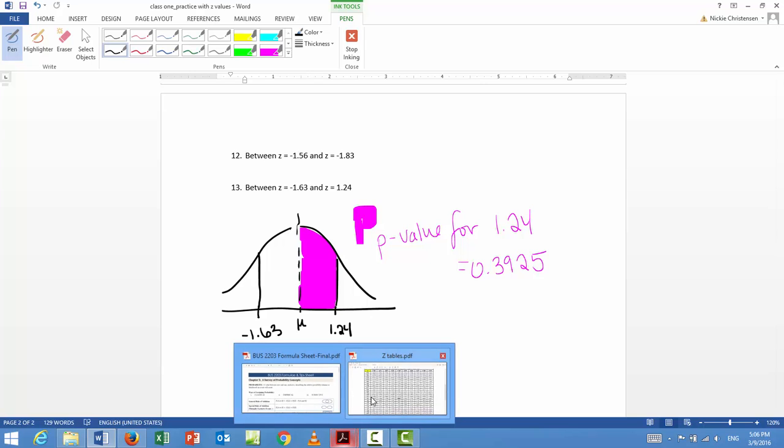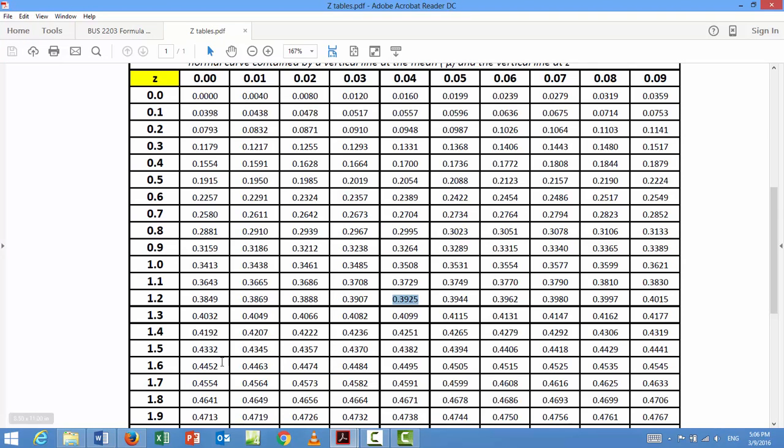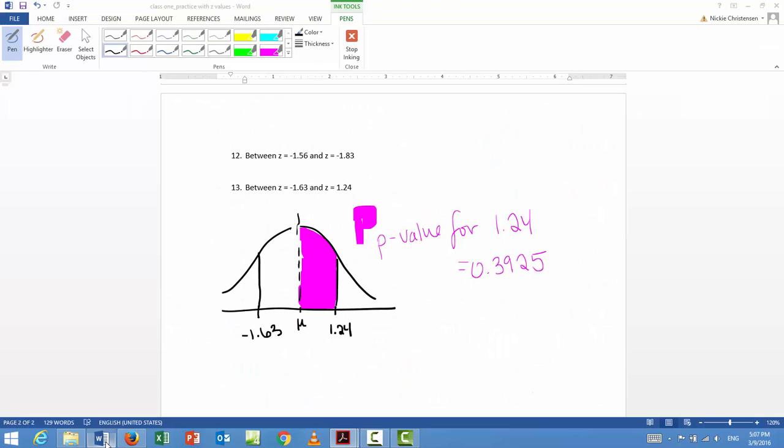Let's look on our table. 1.63 has a p-value of 0.4484.